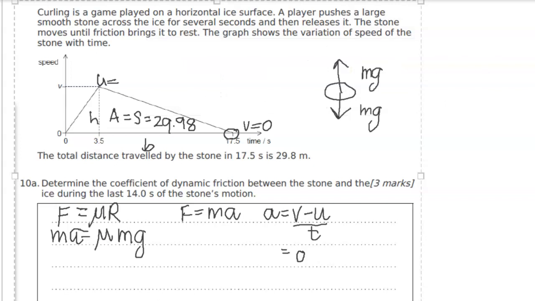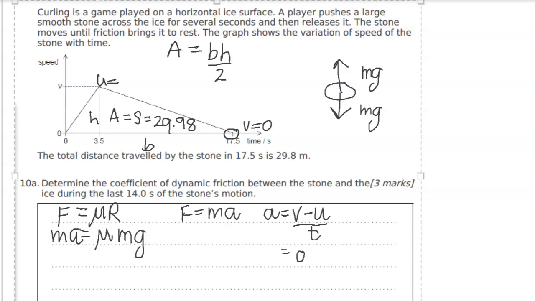So the area of this triangle is base times height divided by 2. We don't know what the h is, that's the initial velocity, so we'll solve for that.